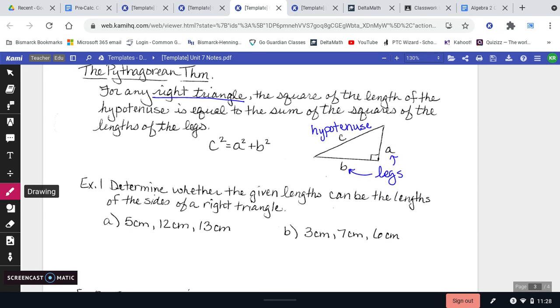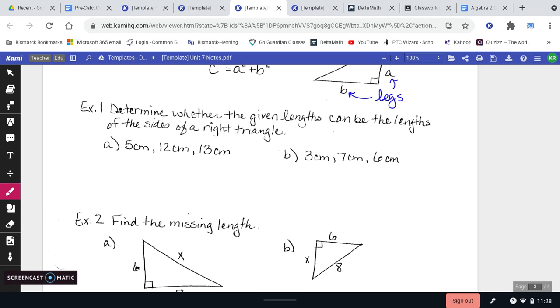For example 1, determine whether the given lengths can be the lengths of the sides of a right triangle. If my sides are 5 centimeters, 12 centimeters, and 13 centimeters, then 13 centimeters is my hypotenuse. When I set up a squared plus b squared equals c squared, 13 is my c.